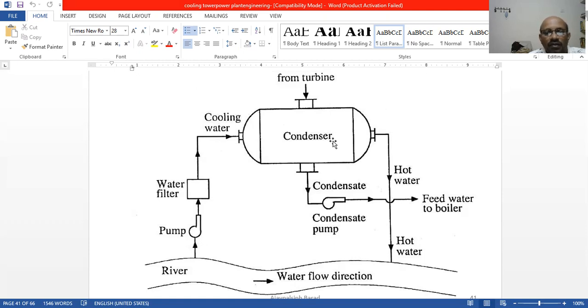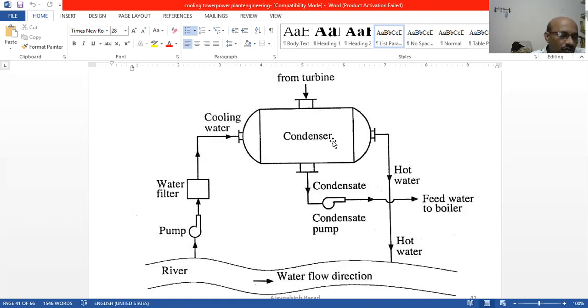From one end of this condenser, we send the hot water, and that hot water is again sent to the river.